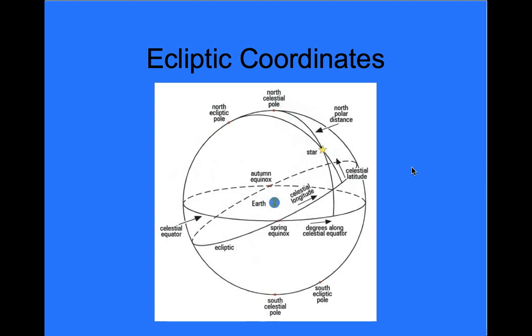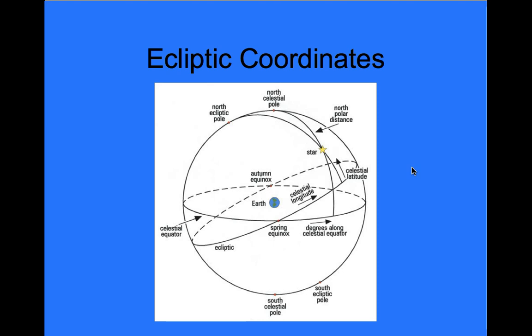There's also something called the ecliptic. The ecliptic is another great circle. It's a circle the same size as the celestial equator, but it's tilted, and the sun and the planets and the moon generally stay either on or very close to this other circle. If we use that as our reference, then we have what's called celestial latitude and celestial longitude.